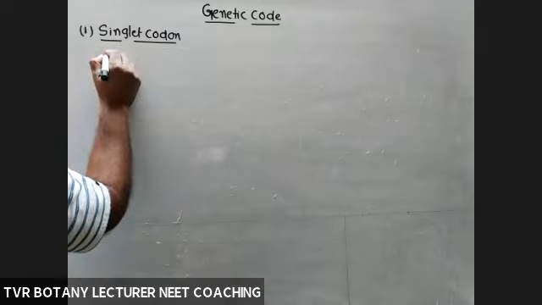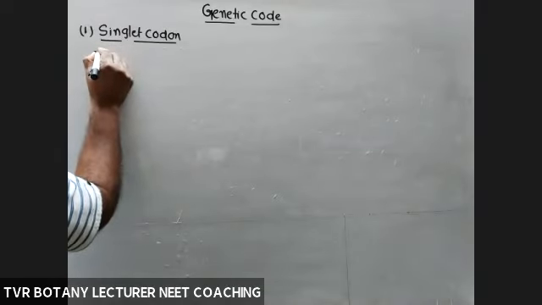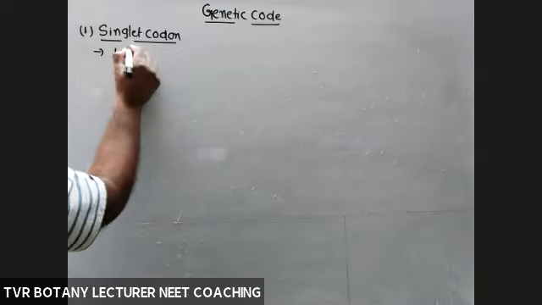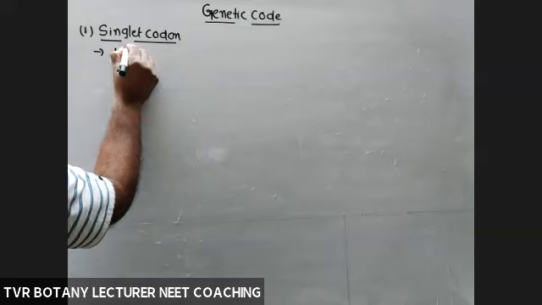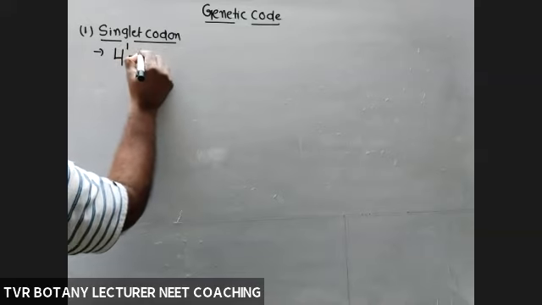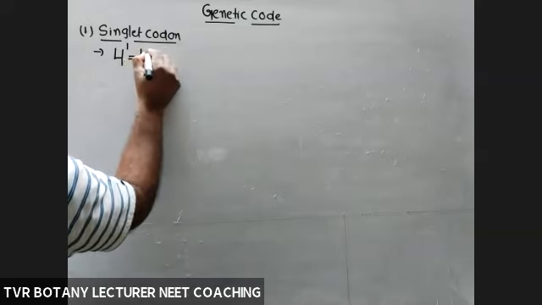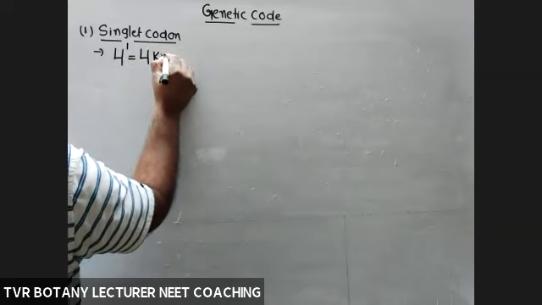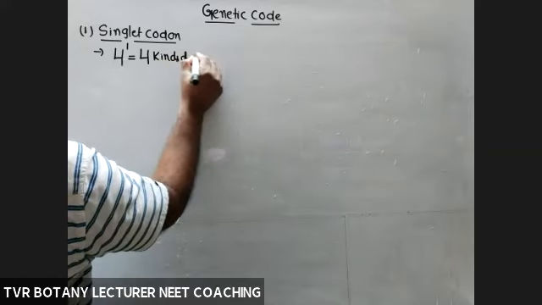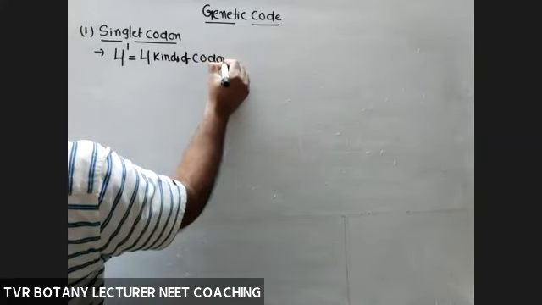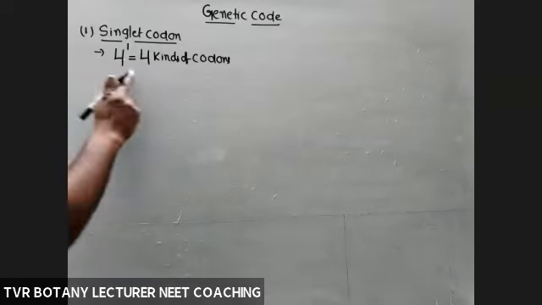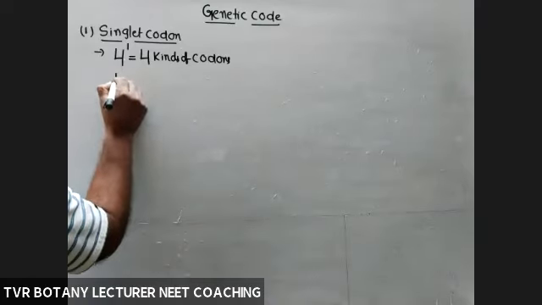According to singlet codon concept, it is according to permutations and combinations, 4 to the power 1. So according to this concept, what about the number of kinds of codons? 4 kinds of codons only. But what about the number of kinds of amino acids? 20 kinds. So insufficient.